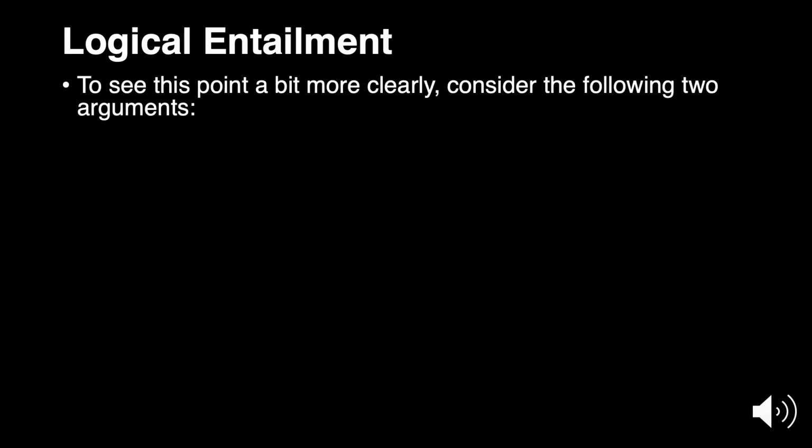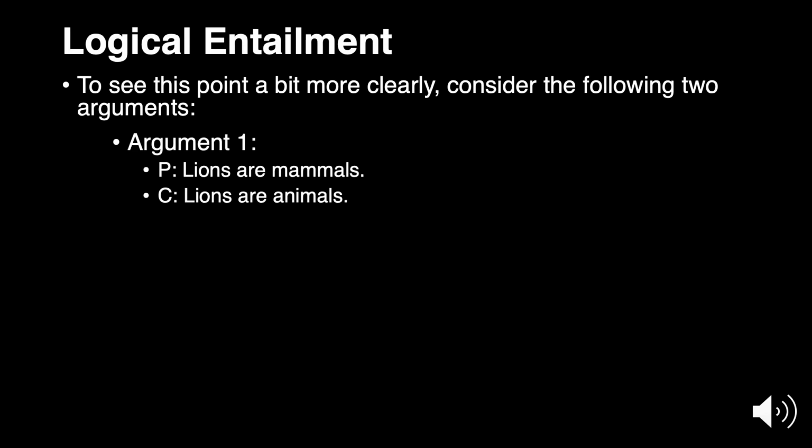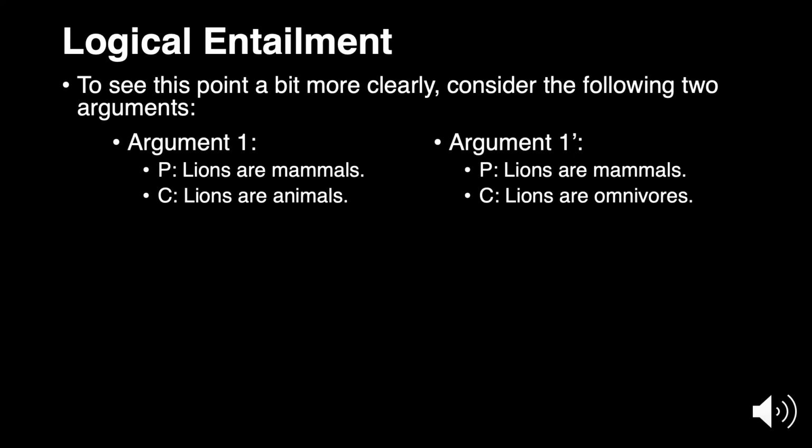Okay, to see this point a bit more clearly, let's consider the following two arguments. Here we have argument 1: lions are mammals, so lions are animals. That's the argument that we had. And here we modify this like this.